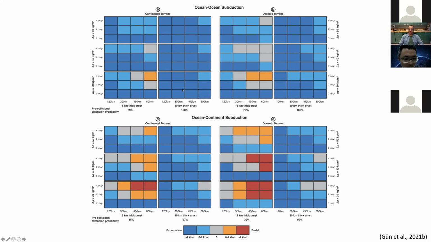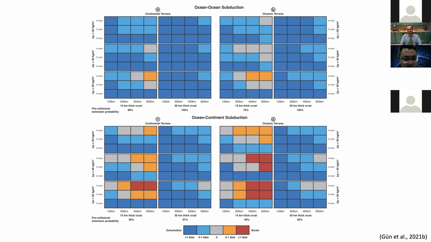The column here represents 30-kilometer thick crust experiments, and this is 15-kilometer thick crust. Here is the same thing for oceanic terrains in an ocean-ocean subduction zone. If you go to the bottom part of the figure, you see the continental terrain in an ocean-continent subduction zone, and again, oceanic terrain in an ocean-continent subduction zone.